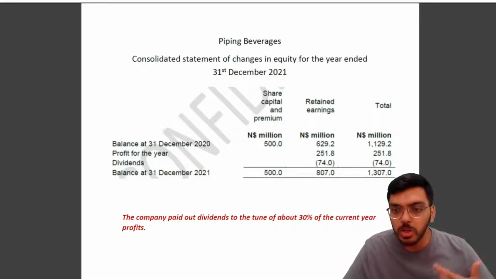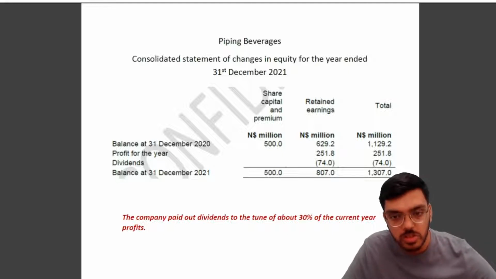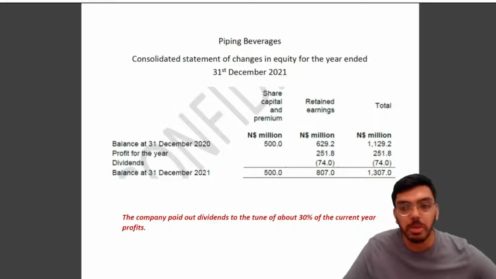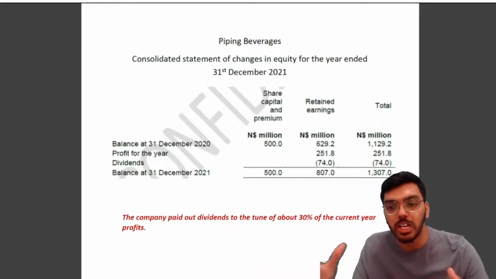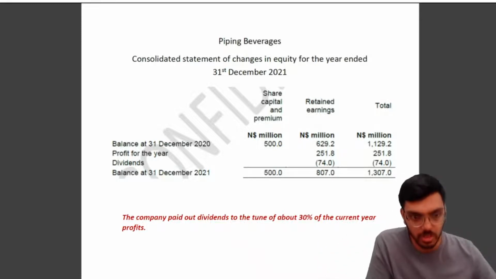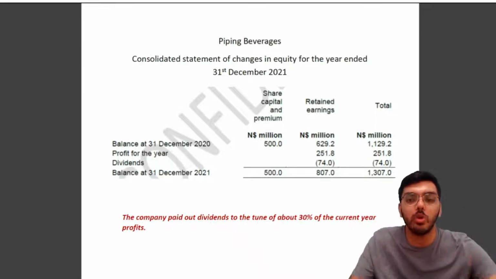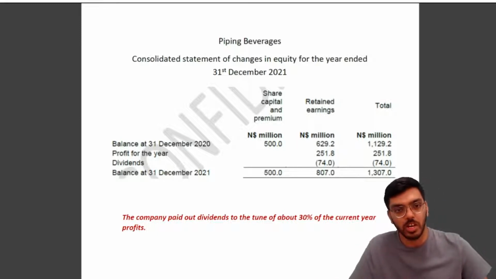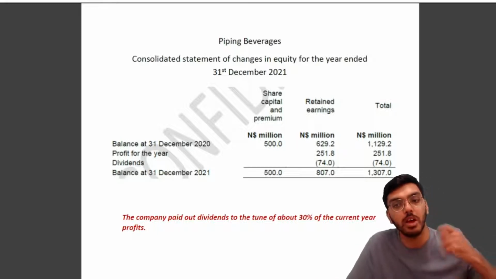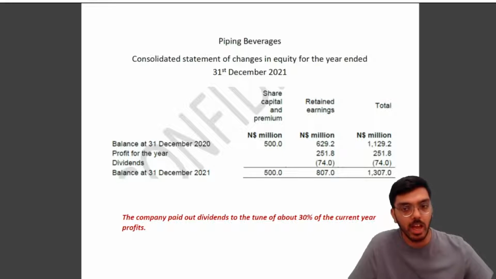So if you're going to make any big investment decisions, you will have some money ready because you've not paid out everything. Not everything has gone out of the company. You've retained some of it. So when the time comes to make a big decision, you may have a certain amount of money left with you.